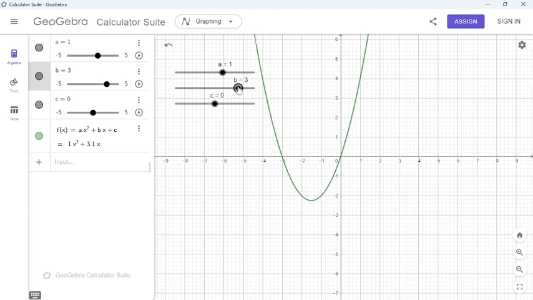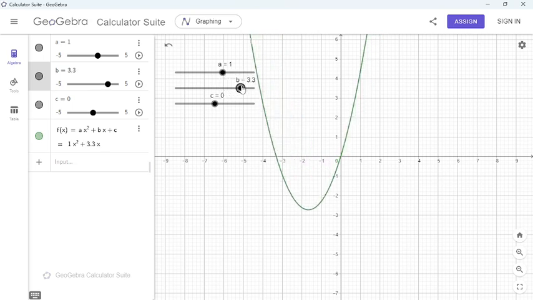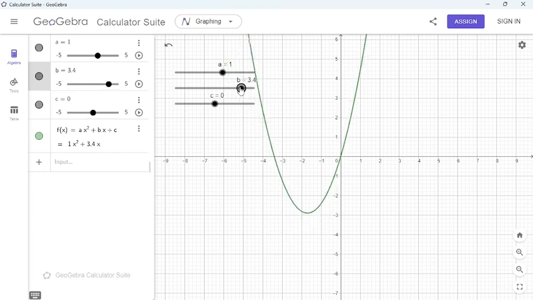But the main thing is the turning point: when b is positive and a is positive, the turning point is in the third quadrant.